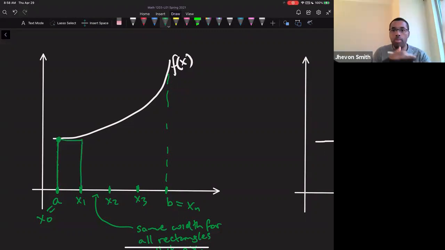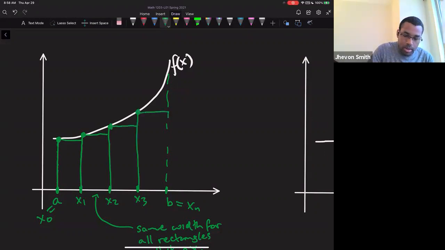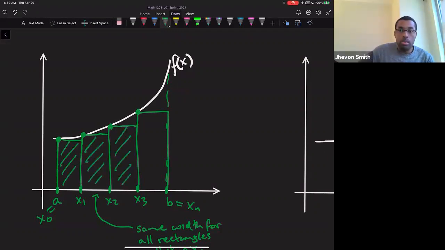Move on to the next subinterval, x1, x2: left side, go up, hit the function, that determines the height. We repeat this for each subinterval. So in this case, we get 4 rectangles whose areas add up to an approximation for the area under the curve.